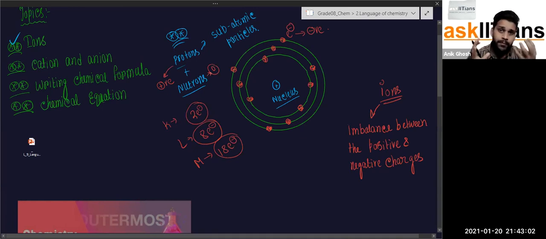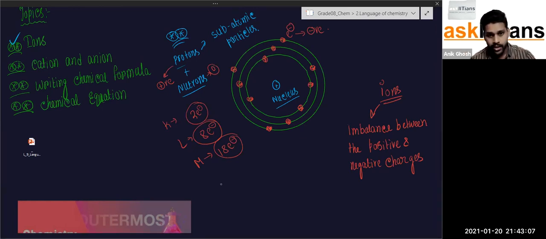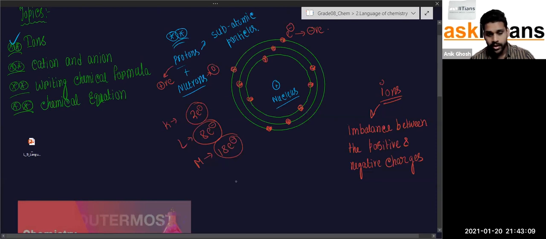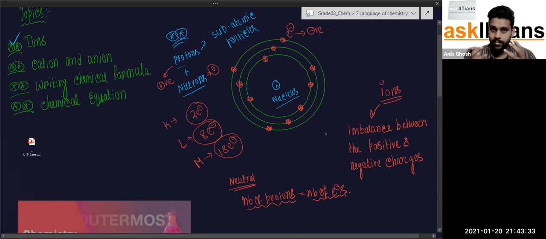Because in an atom, the number of protons and the number of electrons are always equal, to make it neutral, right? All the atoms are neutral. Number of protons, you know it, right? The number of protons is always equal to the number of electrons, to make the entire atom neutral.